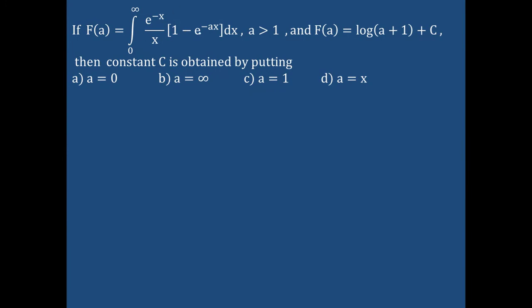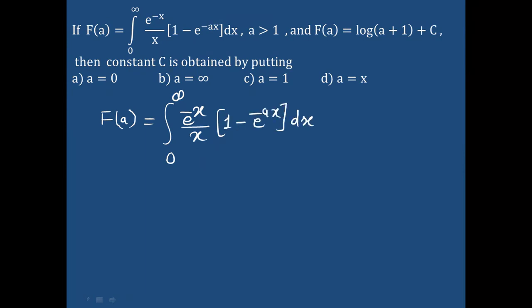So if I have f of a equal to the integral 0 to infinity of e raised to power minus x upon x into 1 minus e raised to power minus x, just go for such a value of a which will make this 0. Again, the process of identifying the value of a to be selected is very simple. You have to go first for the limits of integration, meaning first either put a as 0 or a as infinity.